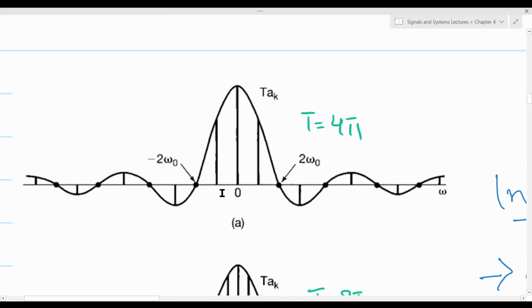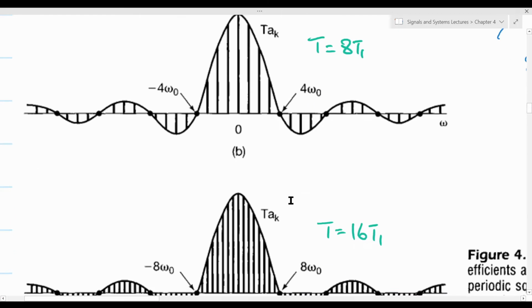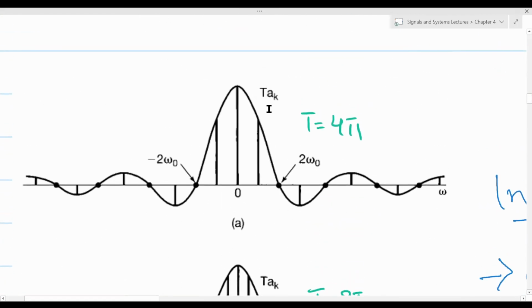This figure shows the Fourier series coefficients multiplied by T for various time periods. The coefficients multiplied by T are represented by these bars at every k omega naught, and over top of these we have plotted the envelope function of the same T a_k.